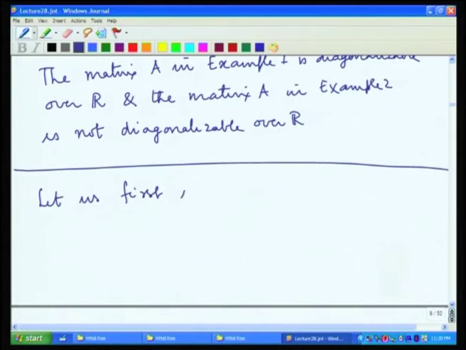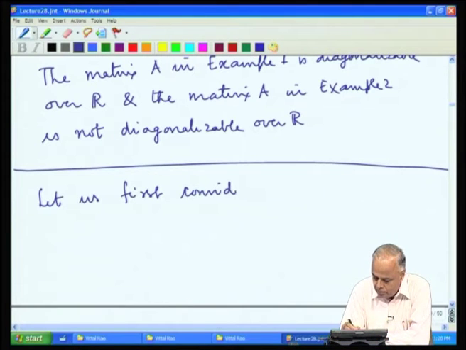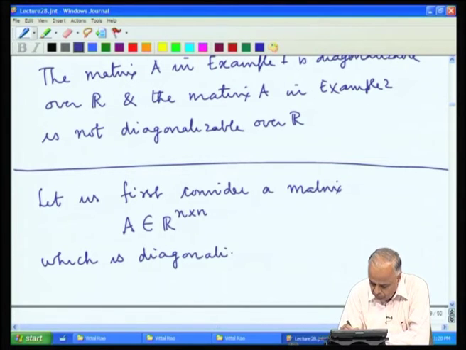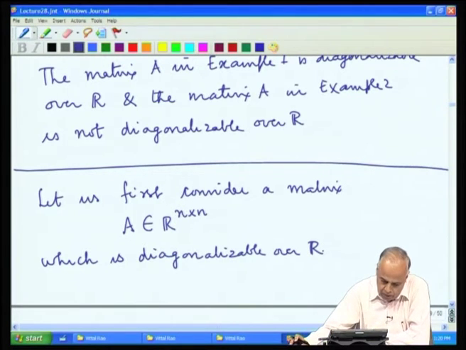So, let us start. Let us first consider a matrix A which is real n by n, which is diagonalizable over R. Okay.